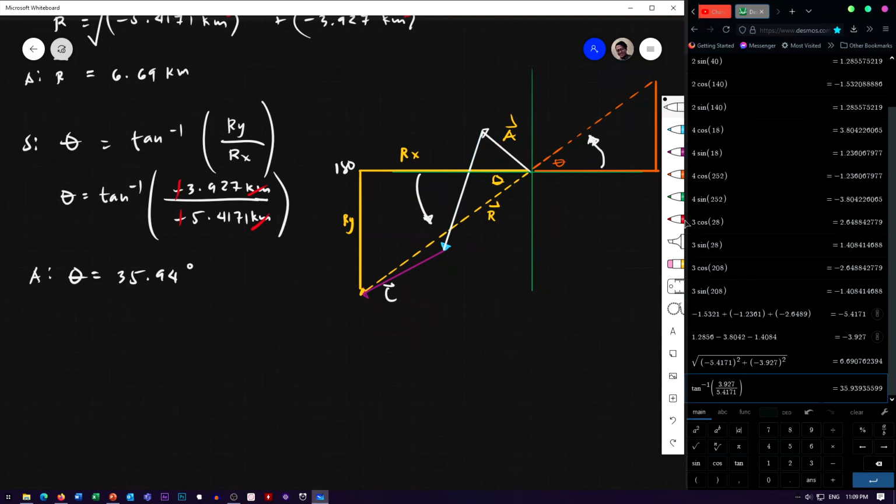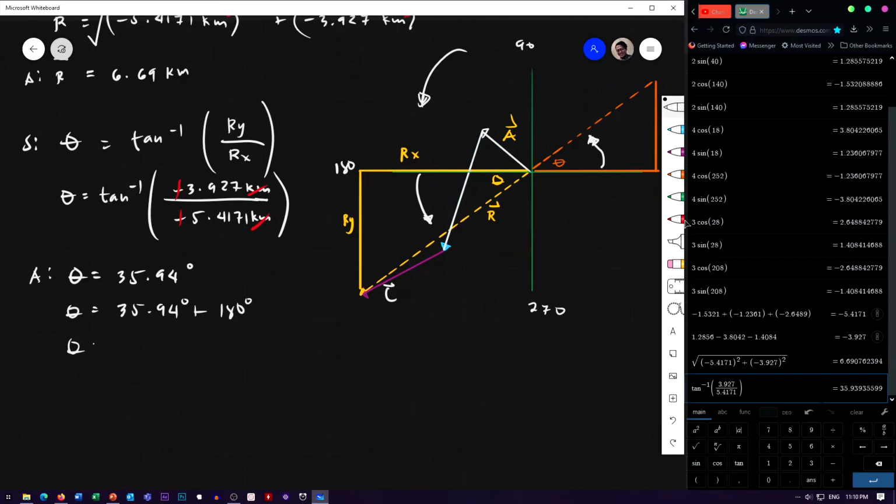This is 180, this is 270, this is 90. Since the rotation is counterclockwise, what we need to do is just add to find the exact angle that is referred to by our illustration. So this is 35.9 plus 180.